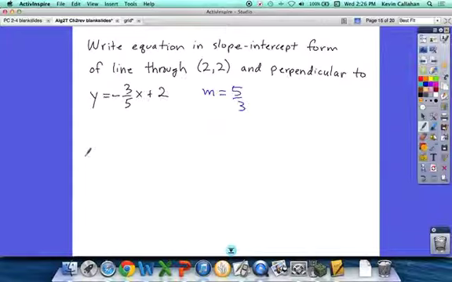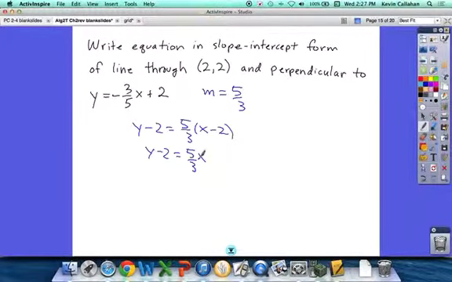Now we know the slope. We already know the point. We use point slope form again. Y minus 2 equals 5/3 times x minus 2. Y minus 2 equals 5/3 x minus 10/3. Add 2.